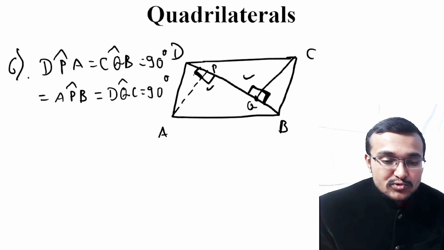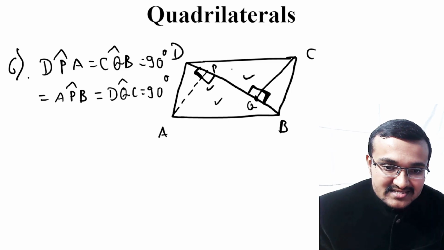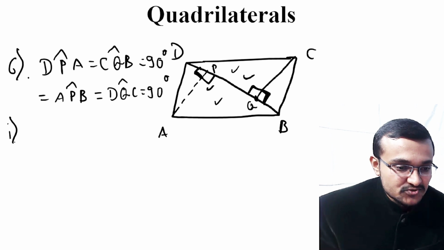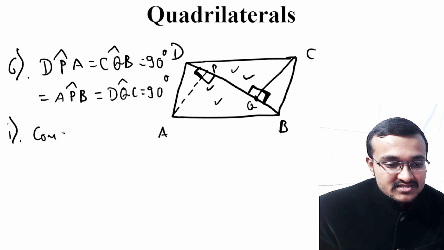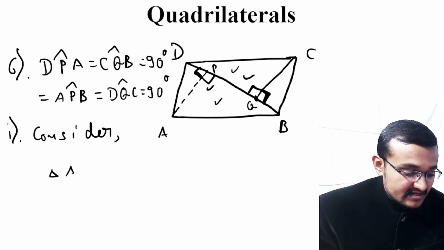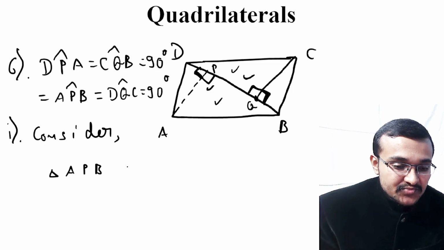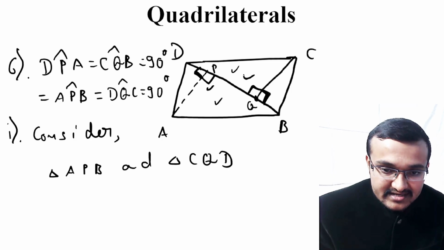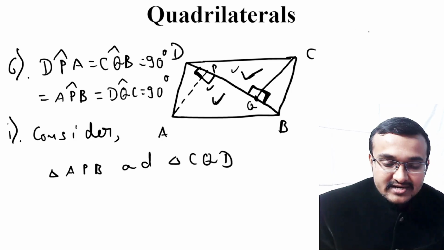Now you need to prove that this particular triangle APB and this particular triangle CQD are congruent with each other in the first question of the sixth question. So here we'll consider triangle APB and triangle CQD, that is this particular triangle and this particular triangle.